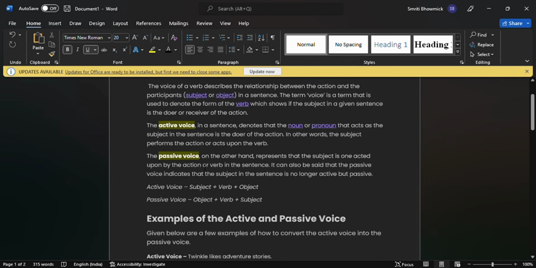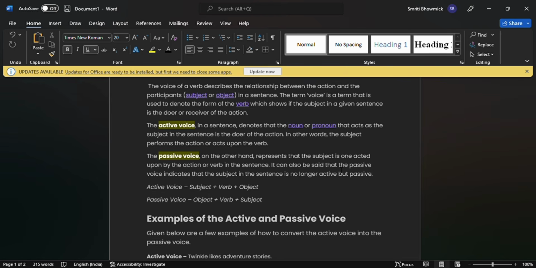The subject's role remains the same, and the object's role also remains the same. Here the object is the receiver and the subject is the doer or performer of the action. So just their position has been swapped. Here the object is in the first position, then verb, then we use by or to plus subject.